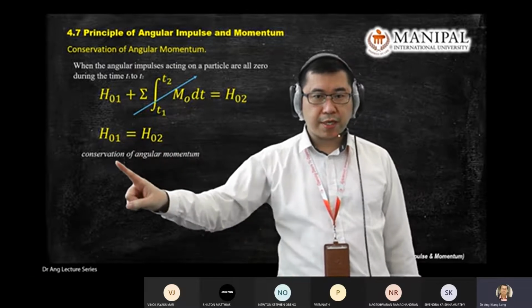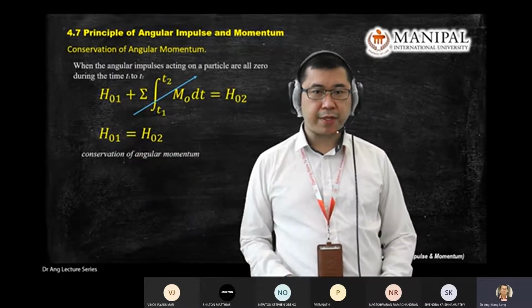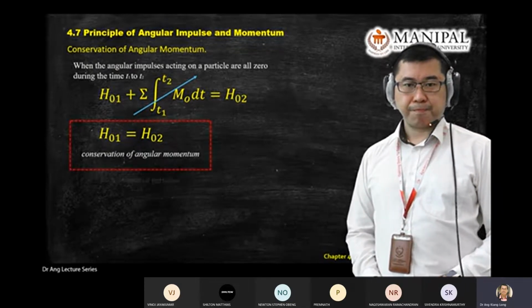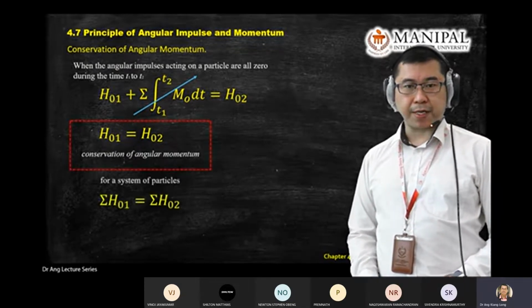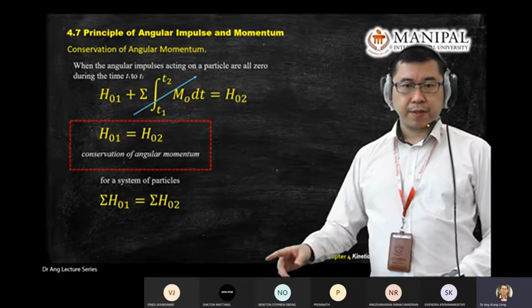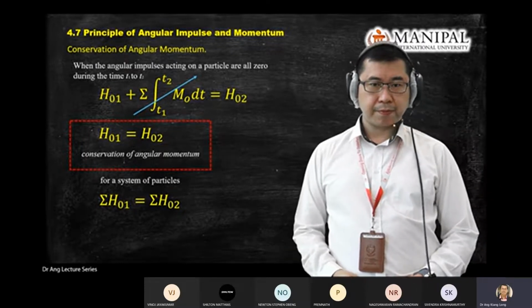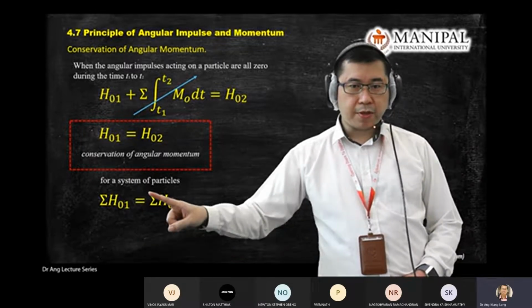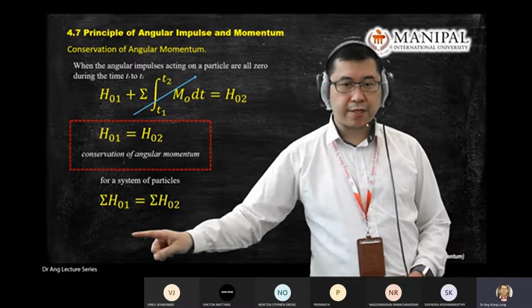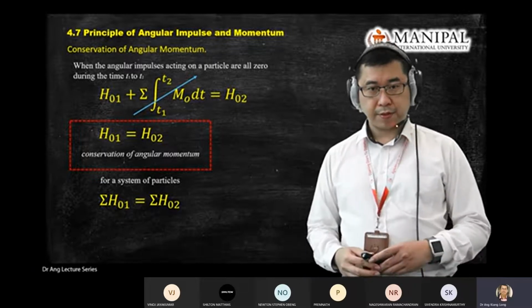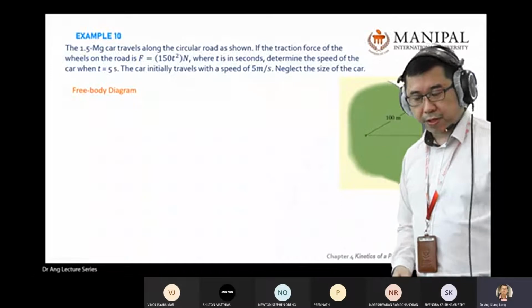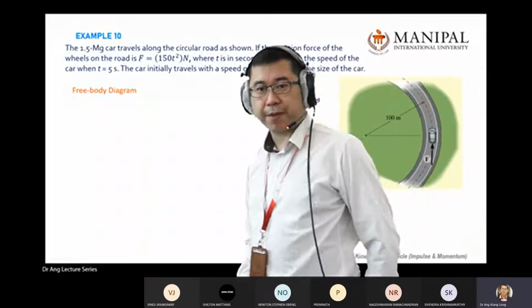This formula is conservation of angular momentum. We will see how we apply this one. And every time you see a sum symbol, it means you look at a system of particles. Let's look at an example, more interesting compared to the theory part.